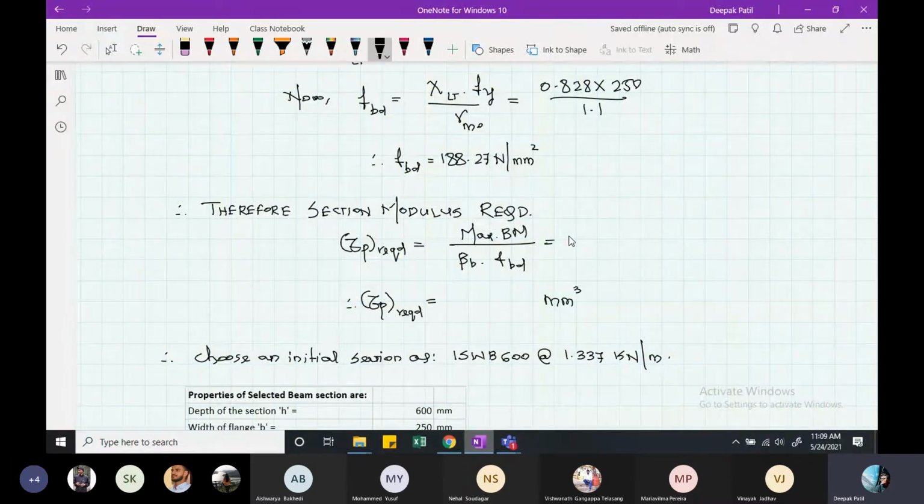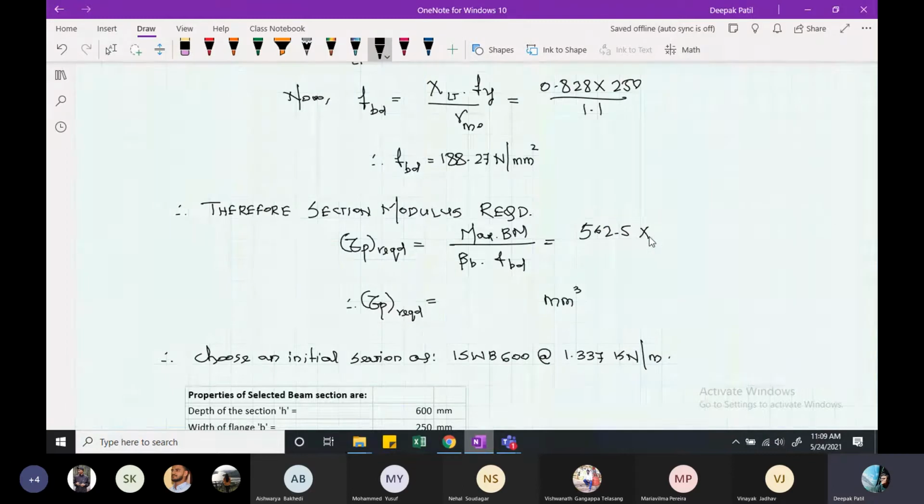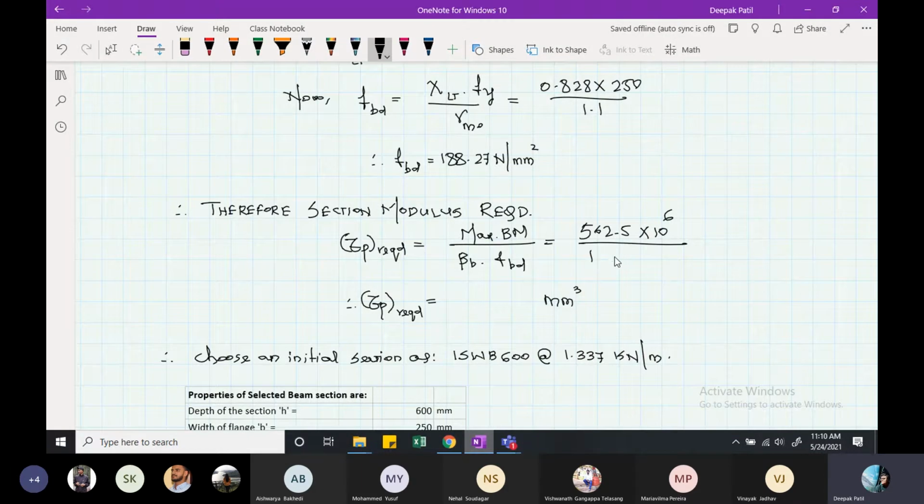The maximum bending moment is 562.5 kilonewton meter, which I convert into Newton millimeters by multiplying by 10 raised to 6, divided by beta B, which will always be 1 because I assume my section will be a plastic section, multiplied by FBD, which is 188.27. From this, I get the section modulus required to be 2987.6.